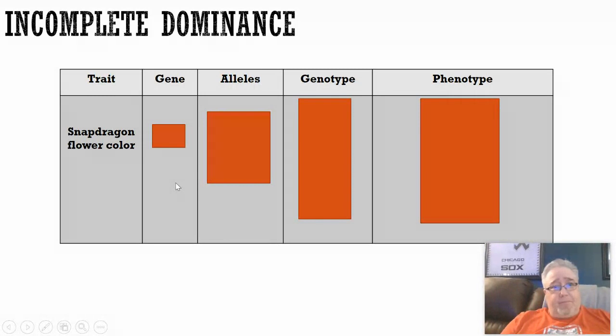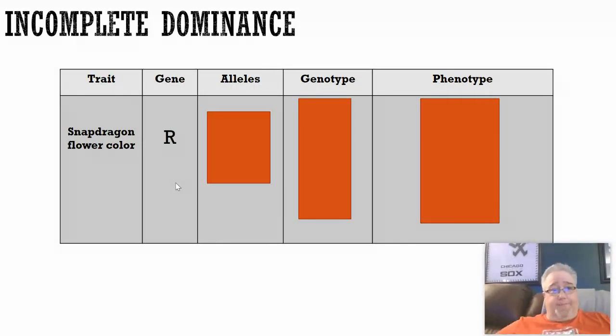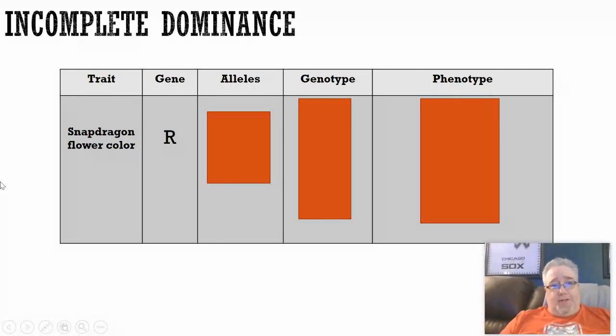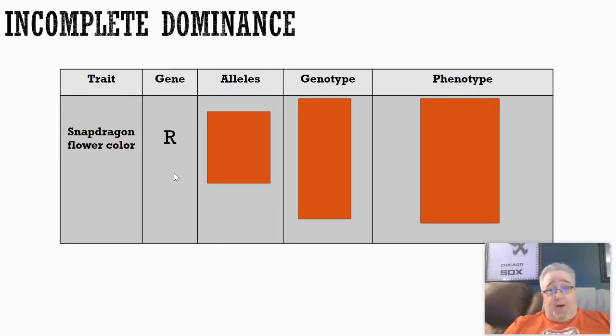Just like every trait we've talked about, there's one gene that controls it. In this case, we're going to call it the R gene. We can call it any letter we want, but I'm just going to pick R. With the traits we've looked at, there's been a dominant and a recessive allele.